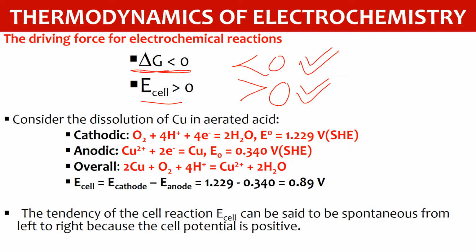Okay, right. Let's consider the dissolution of copper in aerated acidic conditions. So we've got here your cathodic reaction that's happening, and it has an E cell of 1.229 volts, which is relative to the standard hydrogen electrode potential.